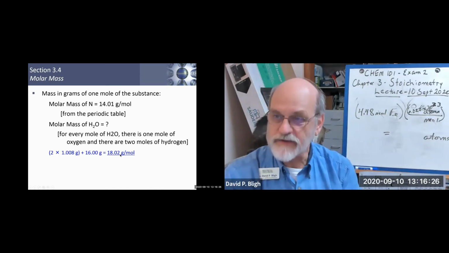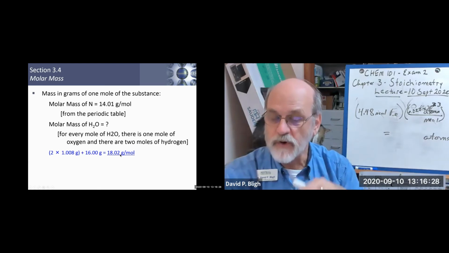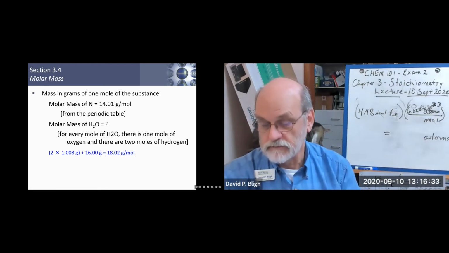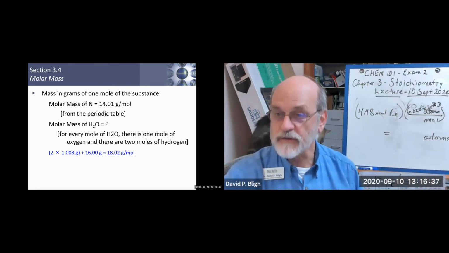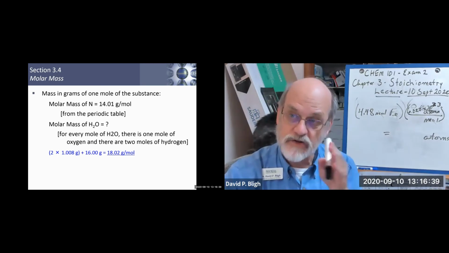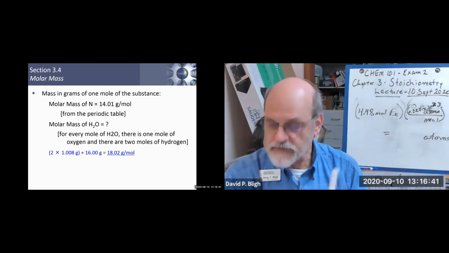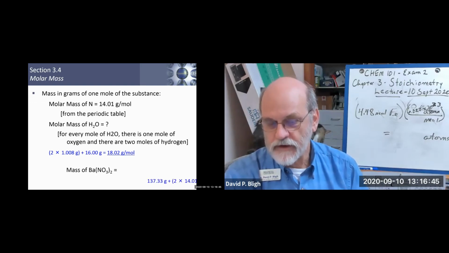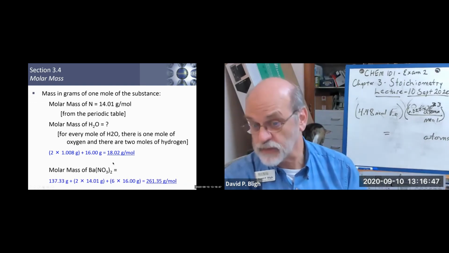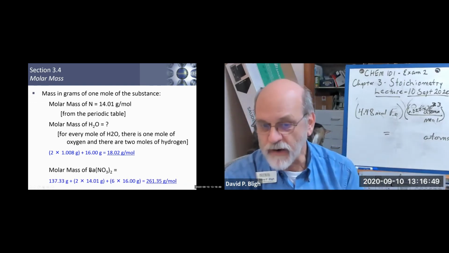So the molar mass of water is 18.02 grams per mole of water. And you can do that with any compound. You just have to be sure that you know how many of each element is in the formula before you do your calculation. So if we have something complex like this one, how many bariums do you have?